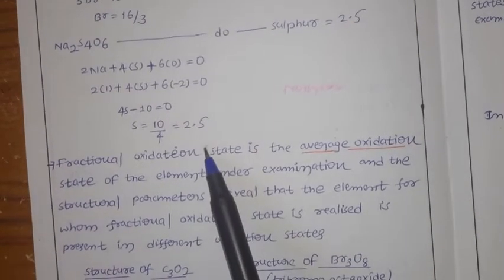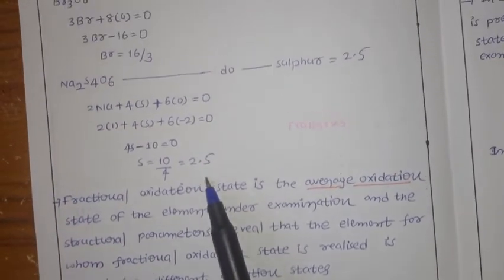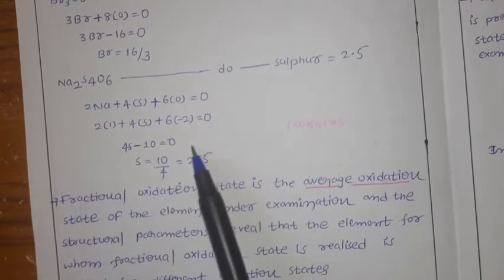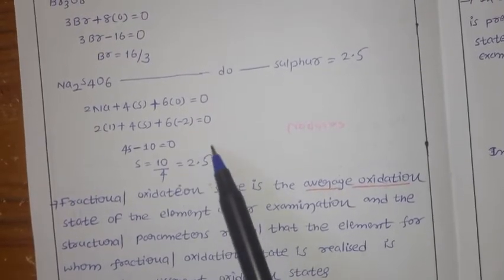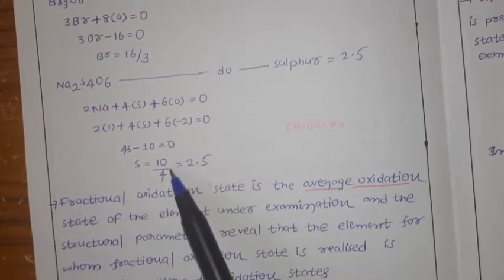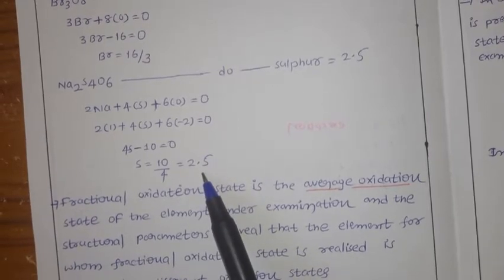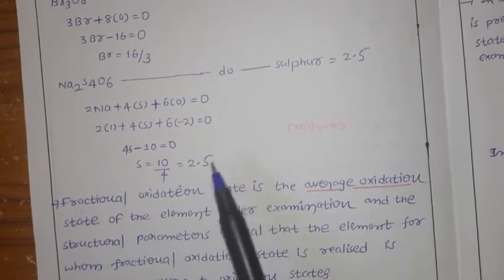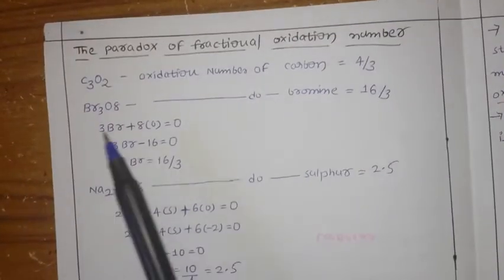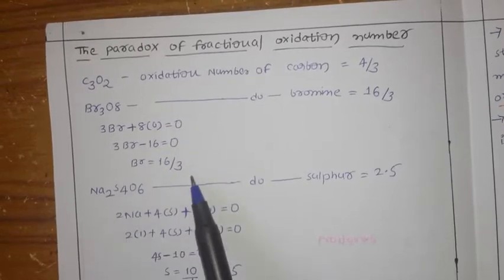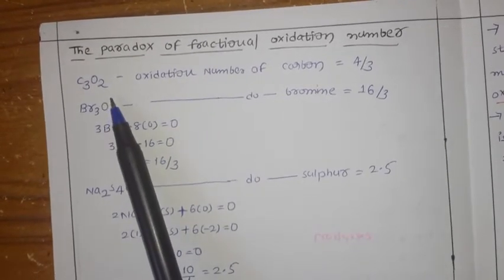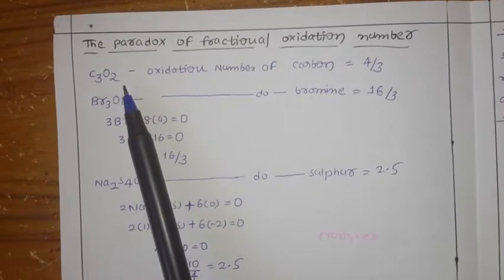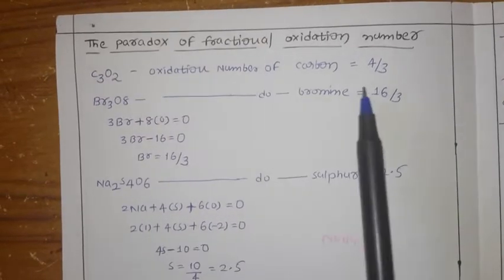This fractional oxidation number indicates the average oxidation number. For the 4 sulfur atoms, the average oxidation number is 2.5. For the 3 bromine atoms, the average is 16/3. For the 3 carbon atoms, the average oxidation number is 4/3.